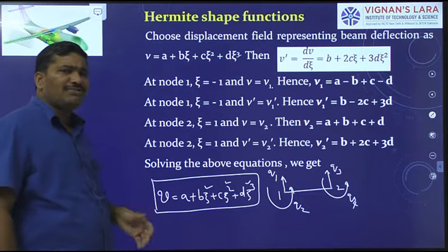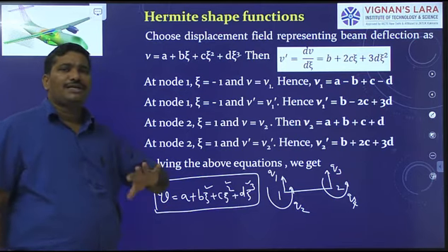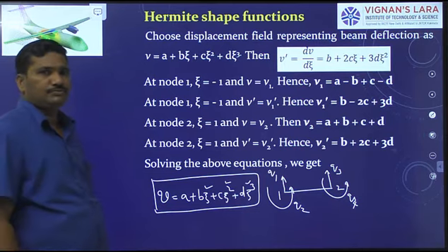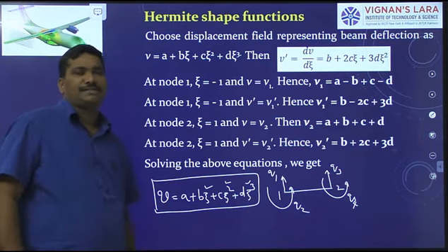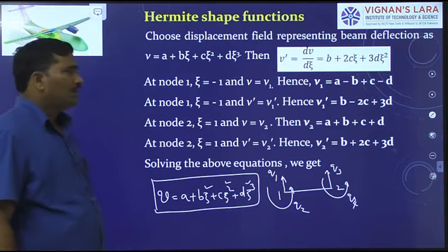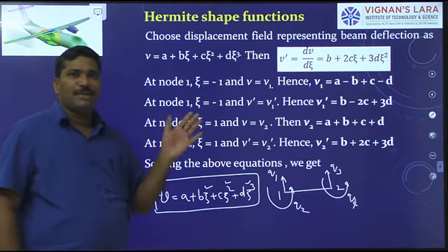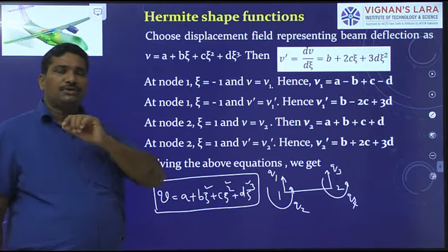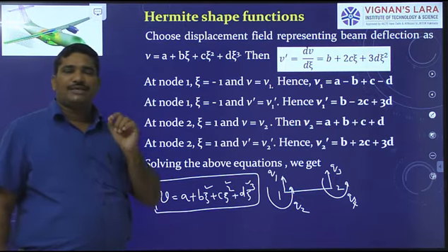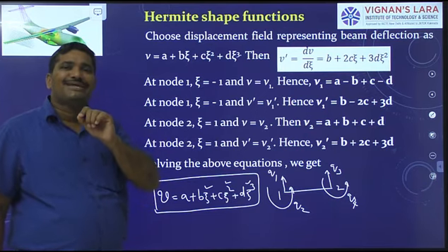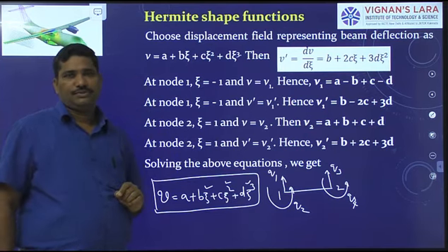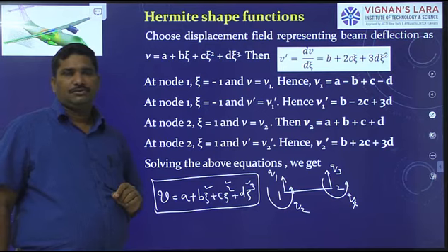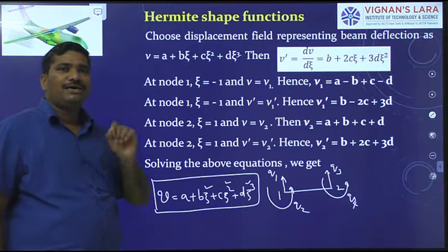You can also derive the shape functions in the Cartesian coordinate X. Here in one-dimensional beams, we take the global reference frame with the Cartesian coordinates X and Y. Understand?